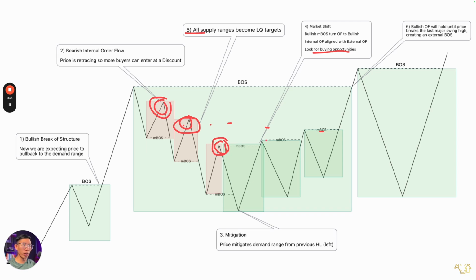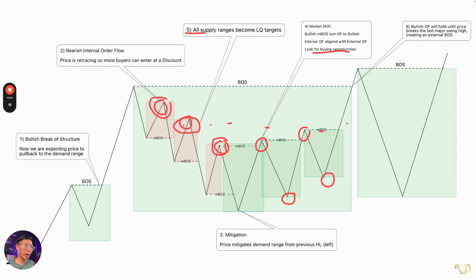It continues to create higher highs and higher lows. Once again, a minor break of structure, breaking through the last higher high, and then another one right here. Eventually, the bullish order flow will hold until price breaks the last major swing high, creating an external break of structure.